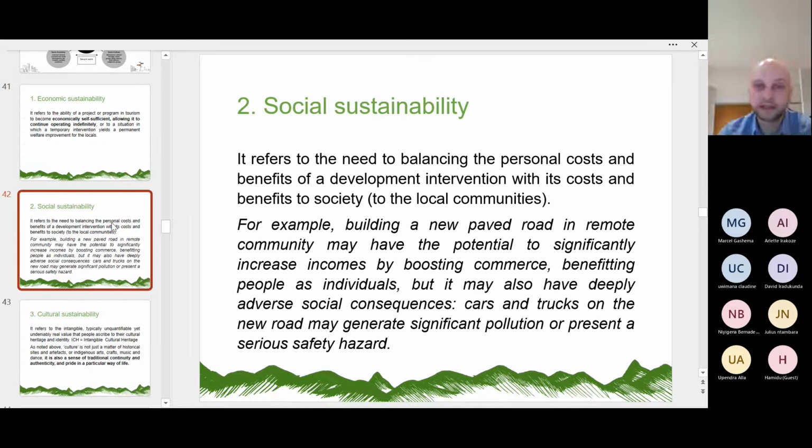Social sustainability is here. It refers to the need to balance the personal costs and benefits of development interventions with its costs and benefits to the society, to the local communities. So if the company is following social-oriented marketing, this company invests money into the local communities, local societies.